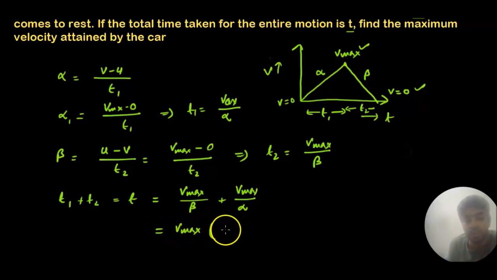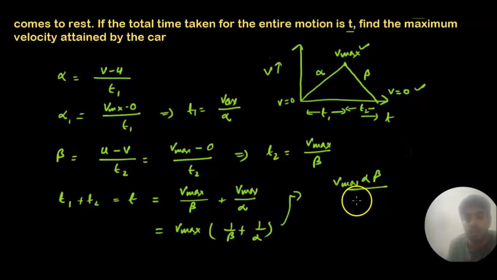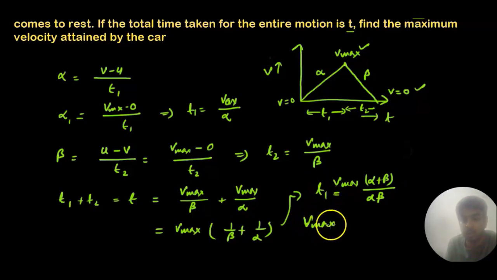So Vmax times (1 upon alpha plus 1 upon beta), and when we simplify this, it will be Vmax times (alpha plus beta) upon alpha beta, and that is the time t. So when finding the maximum velocity, it will be t times alpha beta upon alpha plus beta, and that will be the answer.